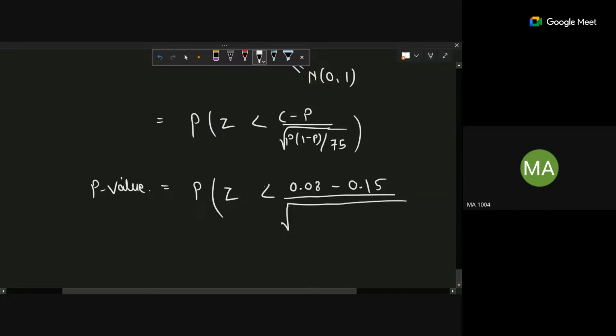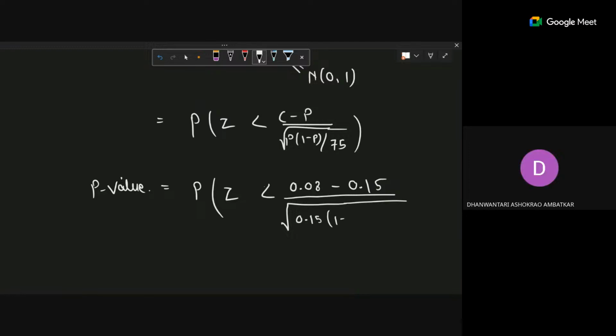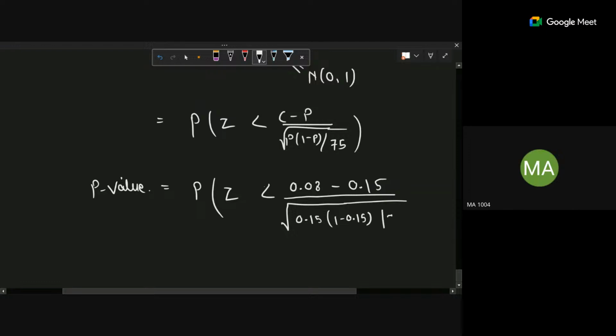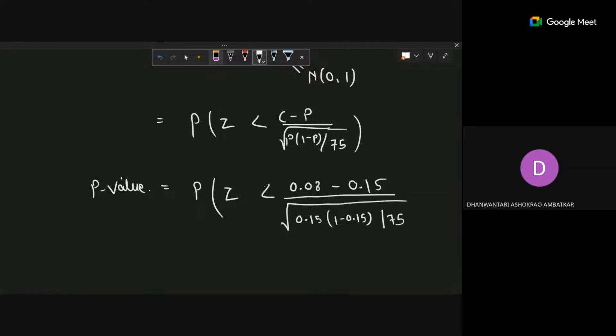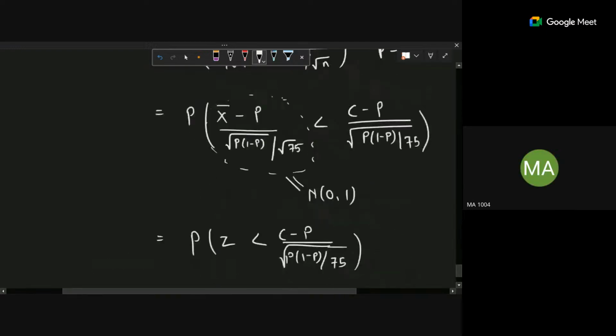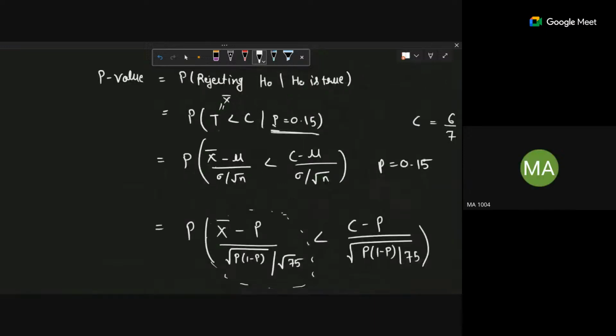What logic will you give me there? Because it's an existing sample. Because we have taken H naught as true. Yes, H naught. Because H naught is true, that means it's saying that p is equal to 0.15.